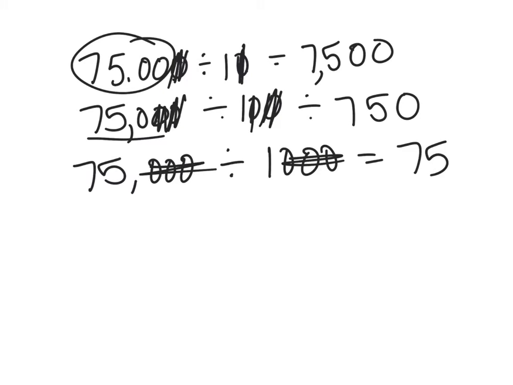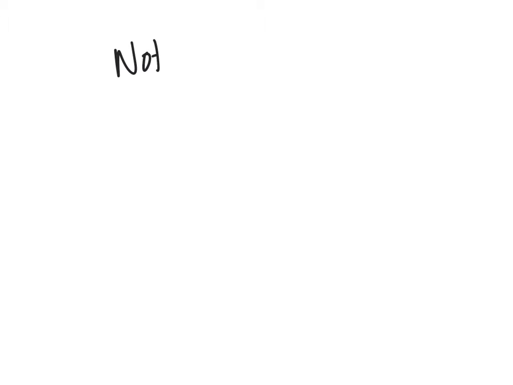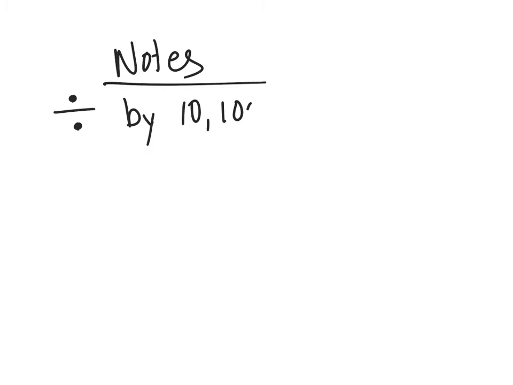So right now I want you to go to your notes. And on the page, so now you're not in the TOC, now you're on the actual page. You're going to put dividing, you can either write it out or put the symbol, dividing by tens, hundreds, 1,000s.